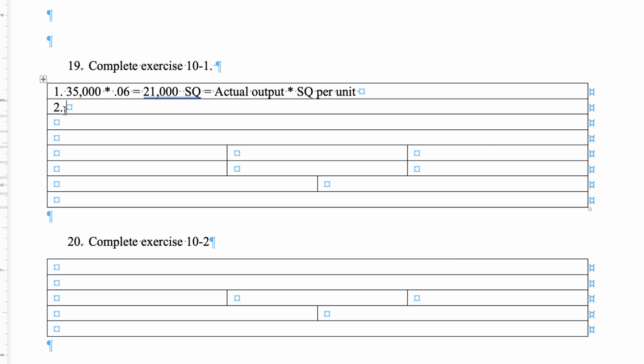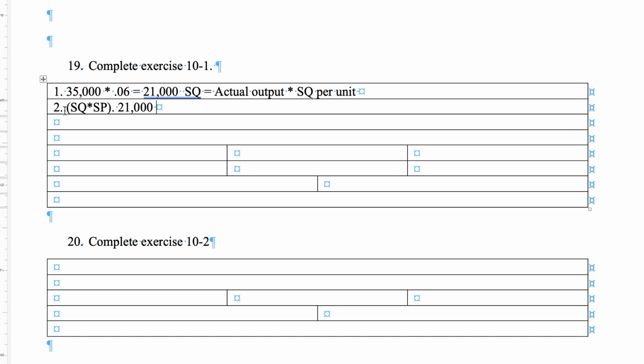The problem is basically telling you what you need to calculate: the standard quantity times the standard price. Well, that's easy. We already figured out the standard quantity in part 1.